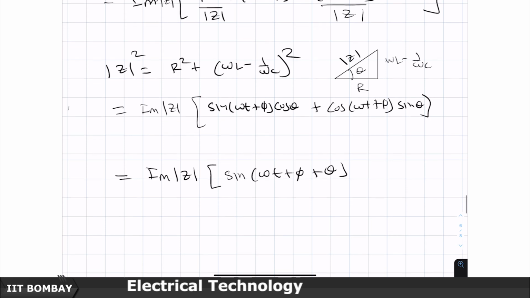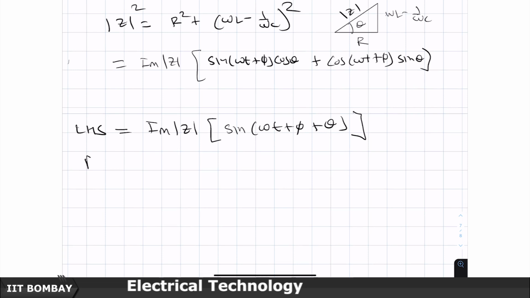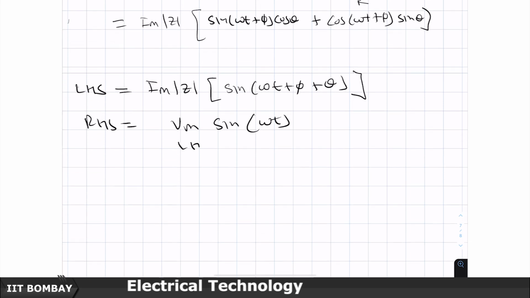So, the LHS has simplified and it says that yes, it is going to be a sinusoid only, nothing to worry about. We still got a sinusoid, and now our RHS is Vm sin of omega t. So, the LHS and RHS should be same. Therefore, Im times Z should be equal to Vm.